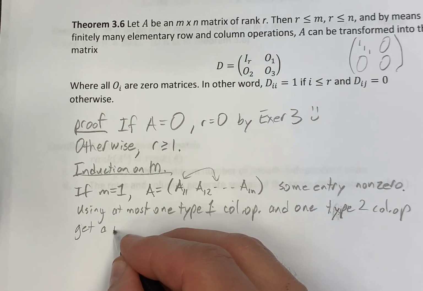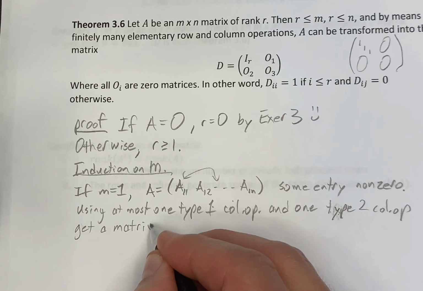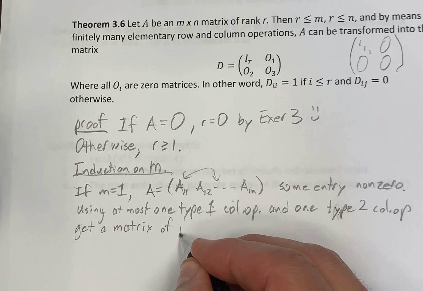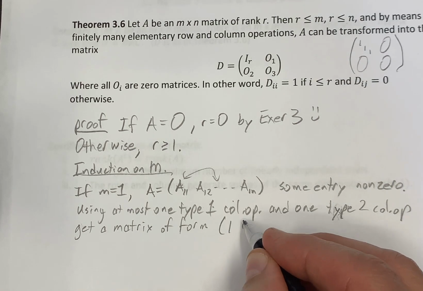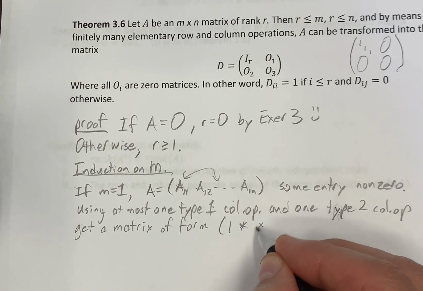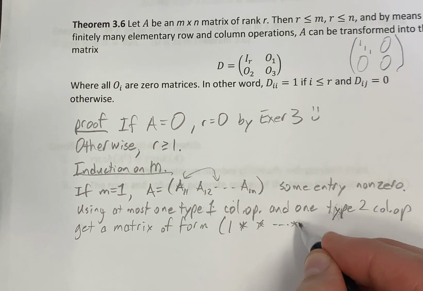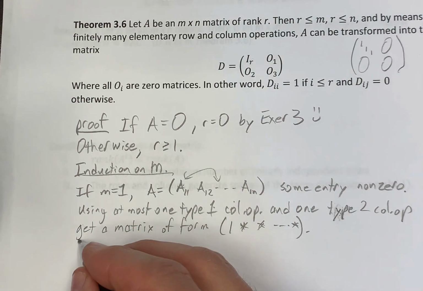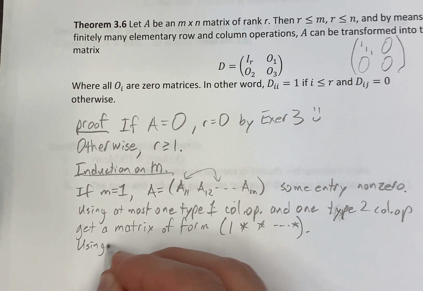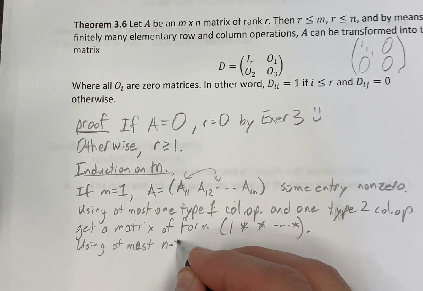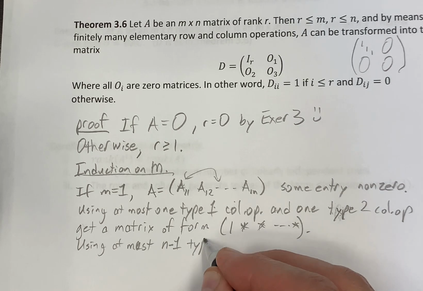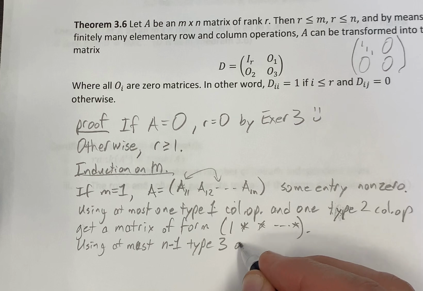Get a matrix of the form 1, star, star. Now using at most n minus 1 type 3 column operations, what is that?